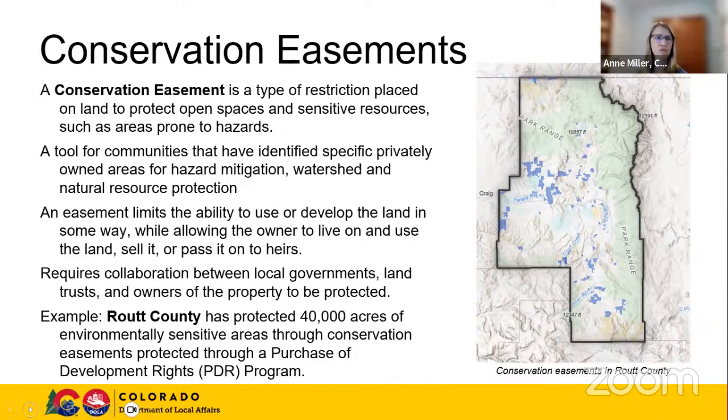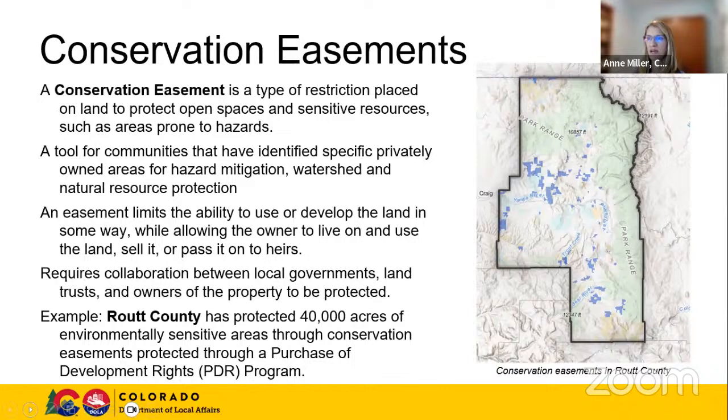So this is a tool for local governments to partner with community land trusts and private landowners to protect environmentally sensitive areas that also have the benefit of reducing your risk as well. I think there's a good example of how beneficial some of these proactive strategies can be.